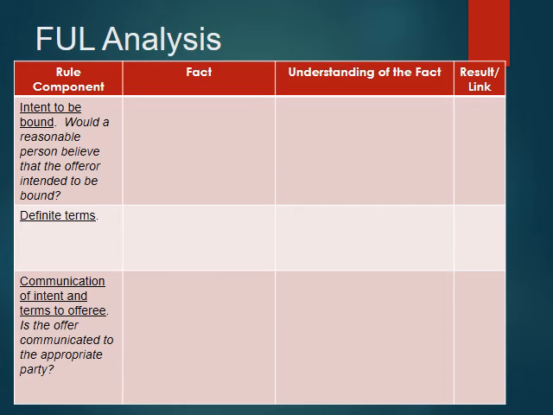This isn't going to be your IRAC. This is just the analytical part of the IRAC. And this is set up for the example that I'll do in the other lecture. There's an intent to be bound in that case. So would a reasonable person believe that the offeror intended to be bound? There are certain facts from the pattern that you can talk about, and you can share an understanding of your fact and identify the link and result.